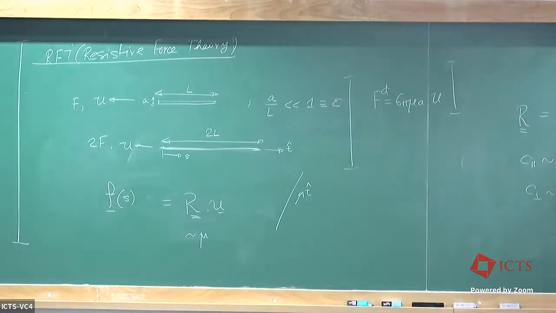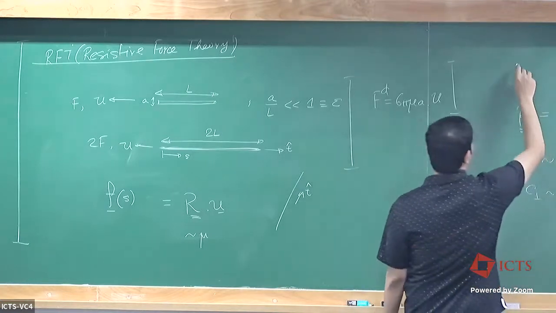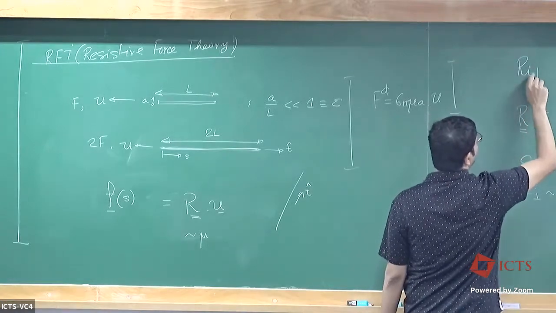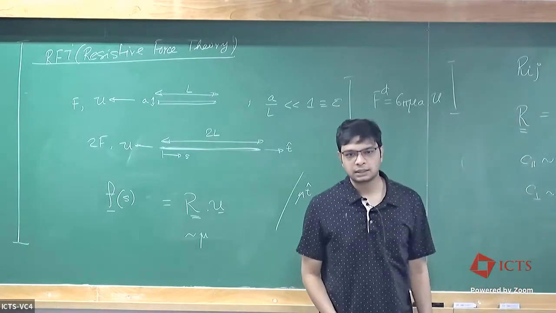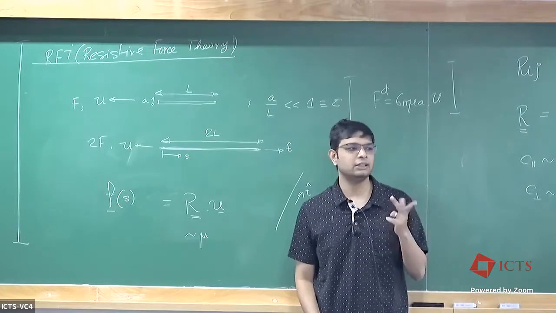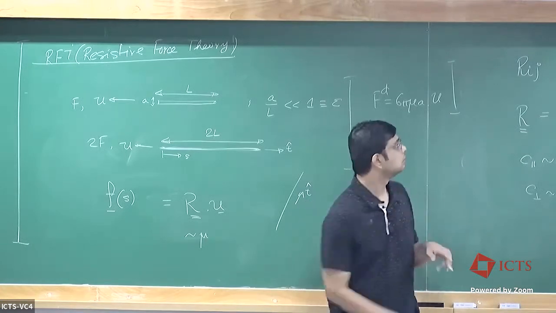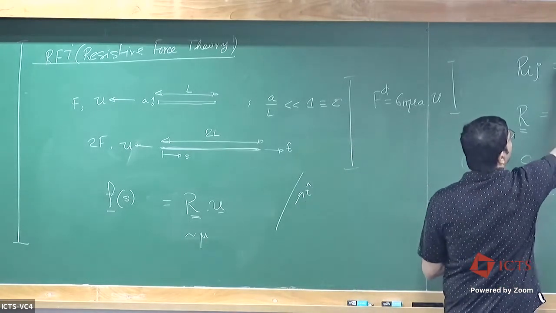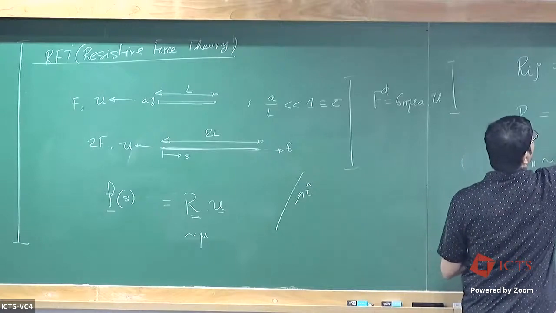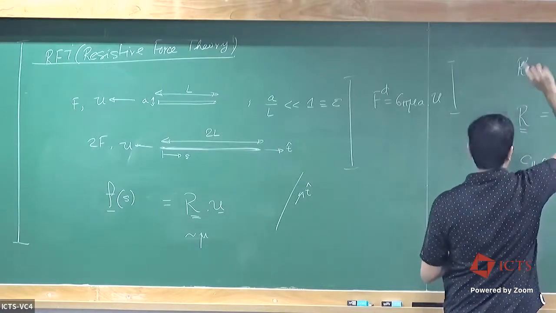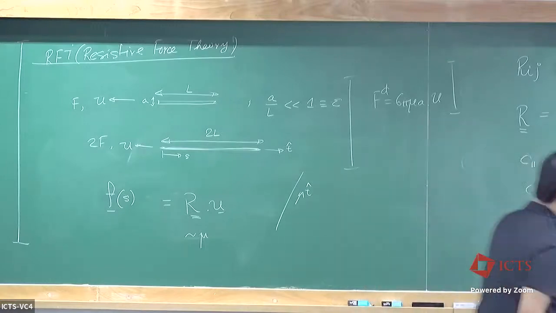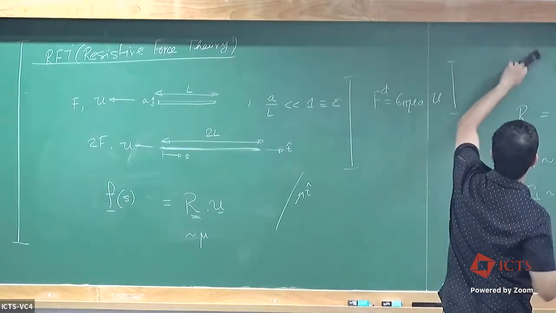What I've done over here is that I have taken what you can call an outer product, or a dyadic. So T hat T hat is a matrix essentially. In other words, I don't know whether you're familiar with this, but we can say that if R is a matrix, I can say that the ij component of the matrix is T hat i, T hat j. This is not R, so let's just use some other symbol.